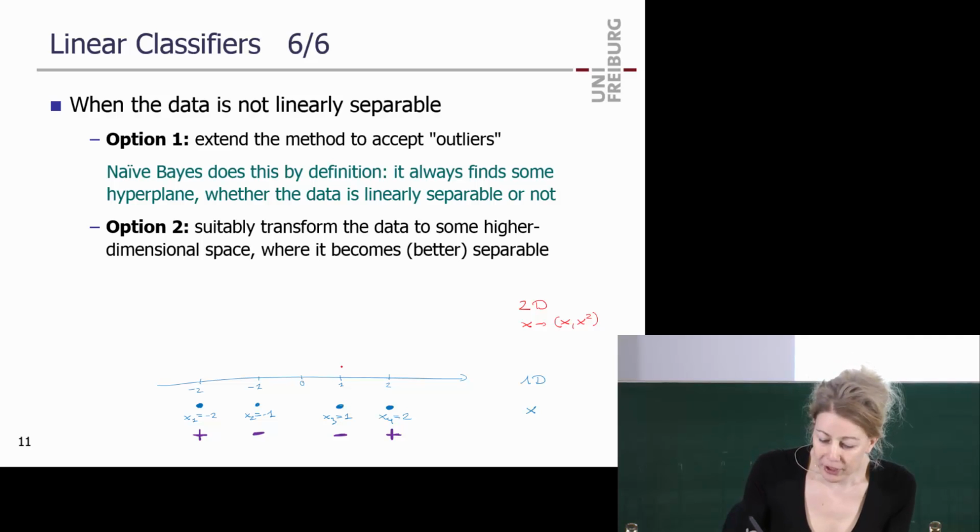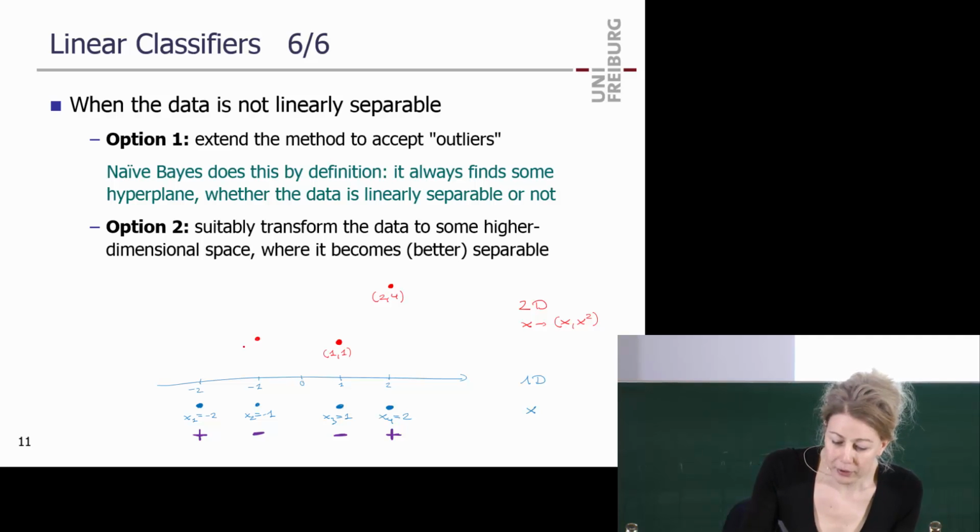So now this point becomes the point 1, 1. This point here becomes 2, 4 in 2D, right? This point here becomes minus 1, 1, right?